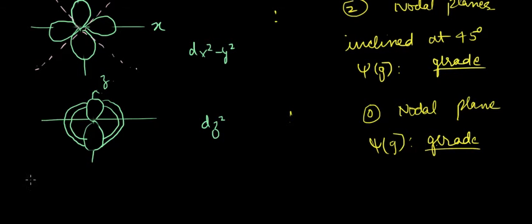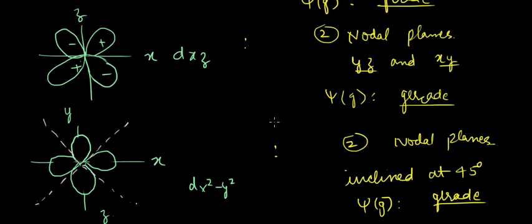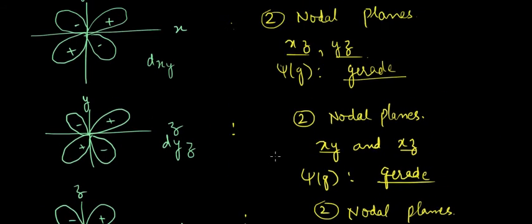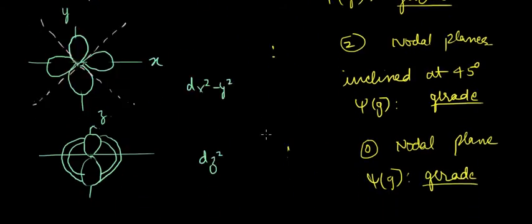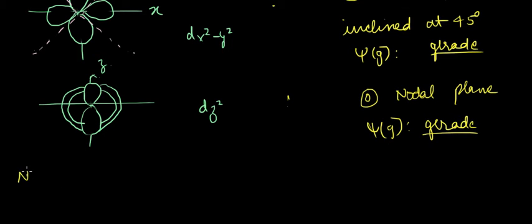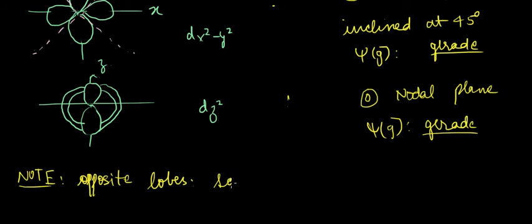Please note here that the opposite lobes will have the same sign of psi, or wave function. We can see here, here and here. So just writing it as a note: opposite lobes in case of d orbitals have the same sign of psi.